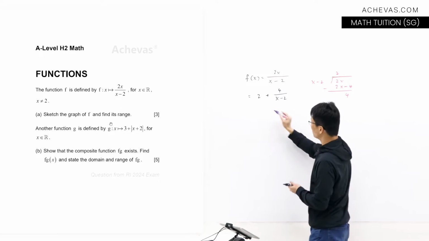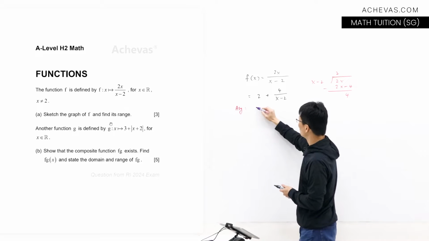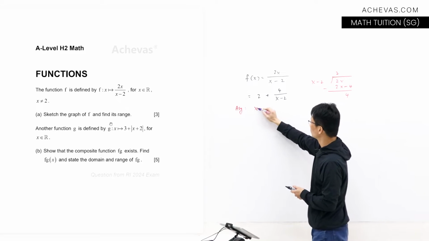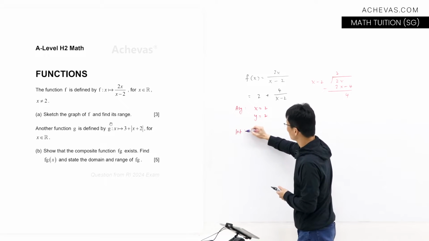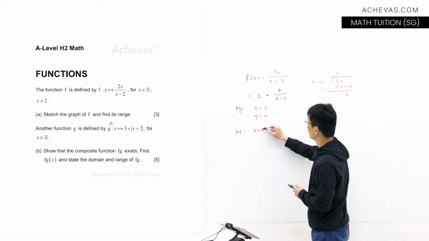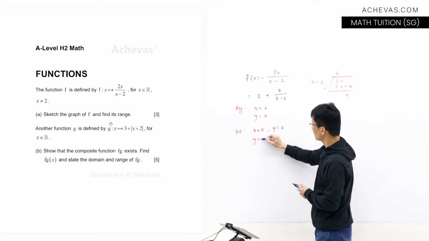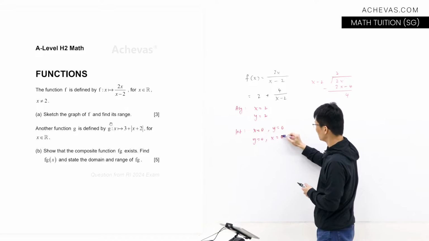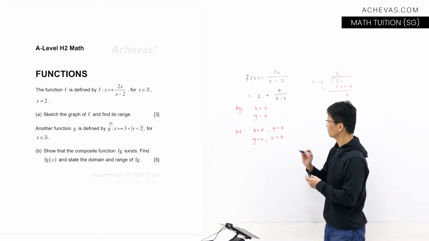From here, I will be able to identify the asymptotes. I can see there will be one vertical asymptote at x equal to 2, one horizontal asymptote at y equal to 2. As for the intercept, I will just let x be 0. I can see that I will get y equals 0 when x equals 0. So also when y equals 0, x will be equal to 0 also. So I know that this particular curve will pass through the origin.